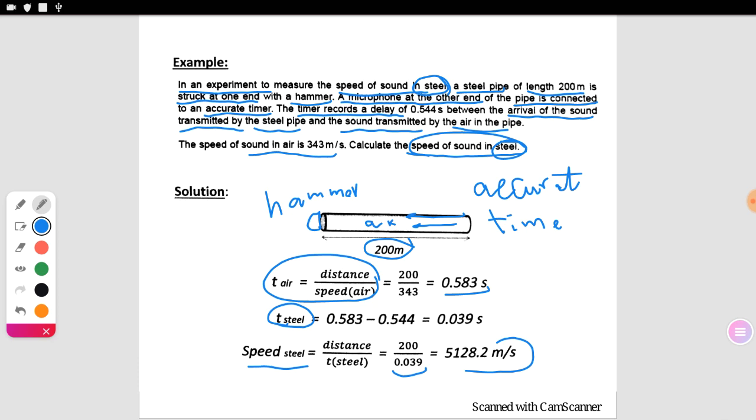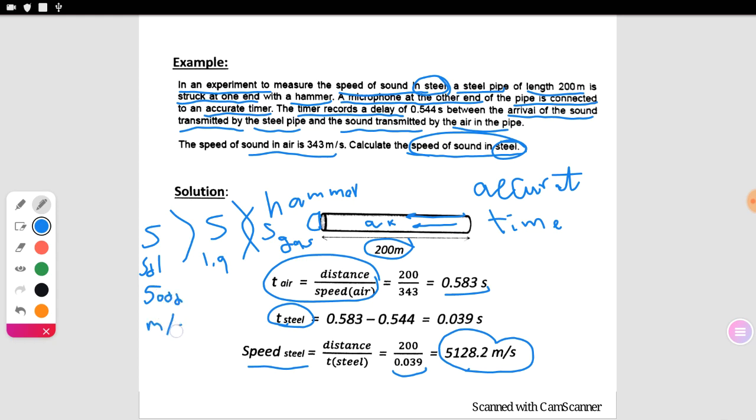From this we can observe that the speed of sound in solids is about 5,000 meters per second, greater than the speed in liquids, which is greater than the speed in gases.